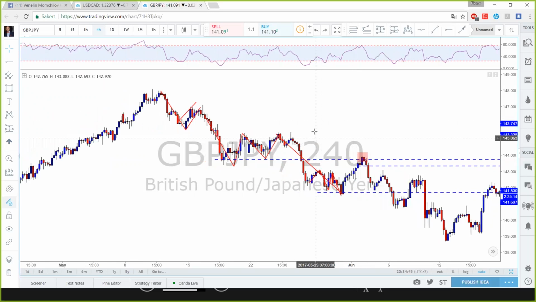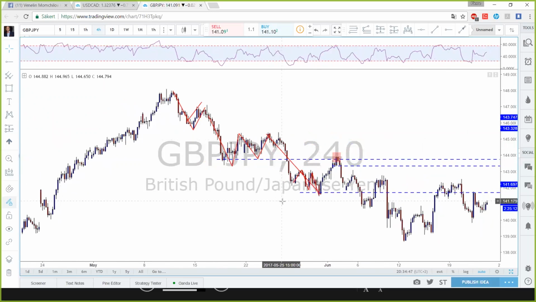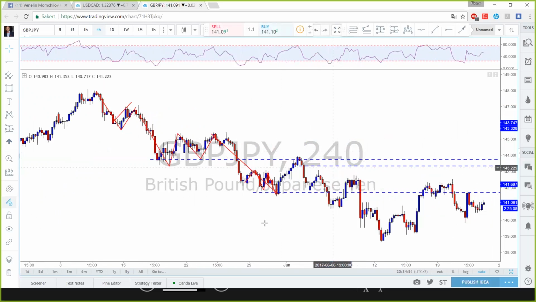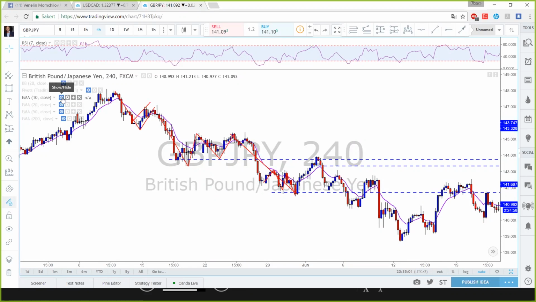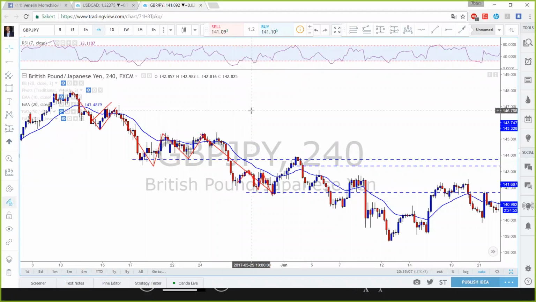If you feel confused and you're not sure about what market structure you're looking at, you can always use your moving average to give you some hints of what's going on. Let's put the 20 moving average.